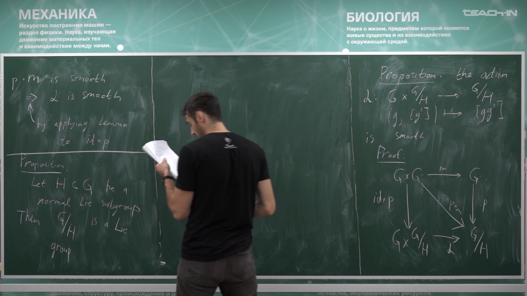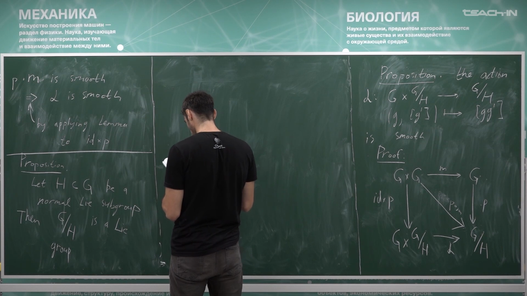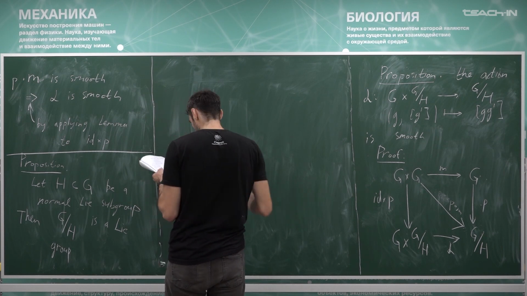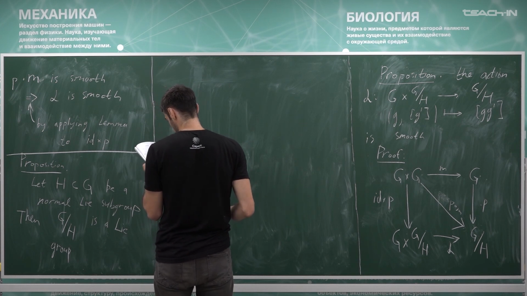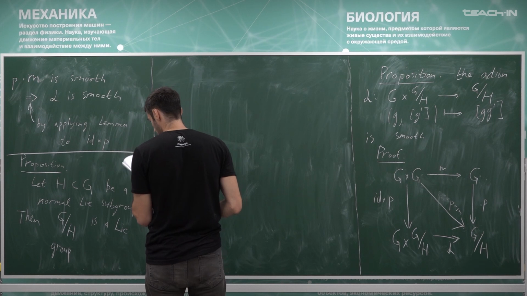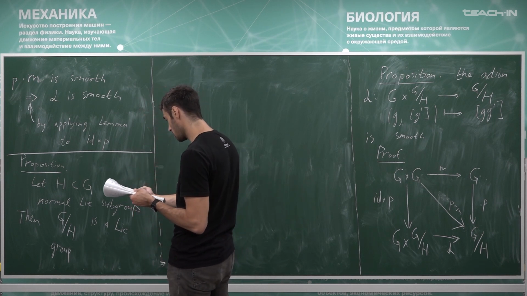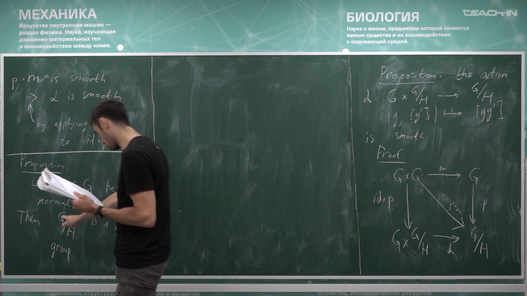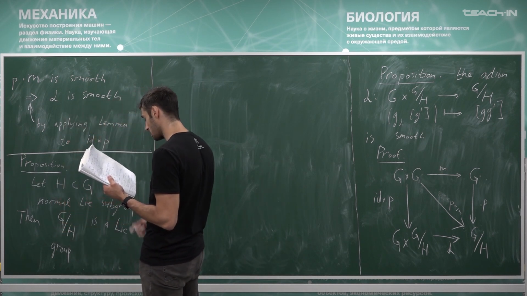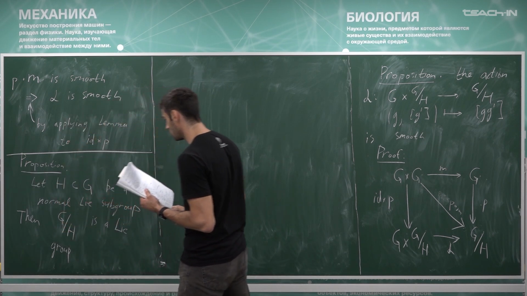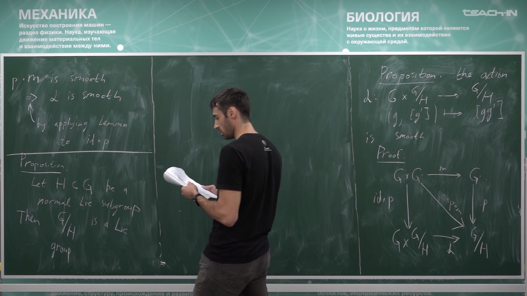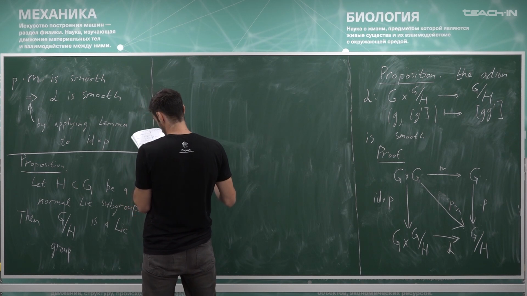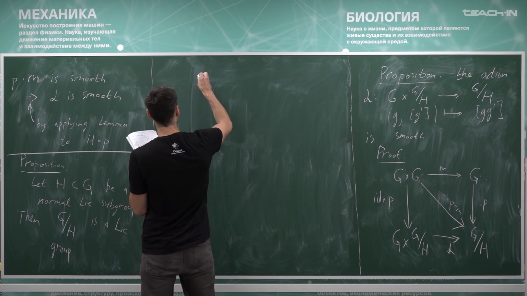Okay, how to see this? So we just need to prove that multiplication and taking inverse is smooth with respect to this smooth structure that we introduced. So we have again a commutative diagram.